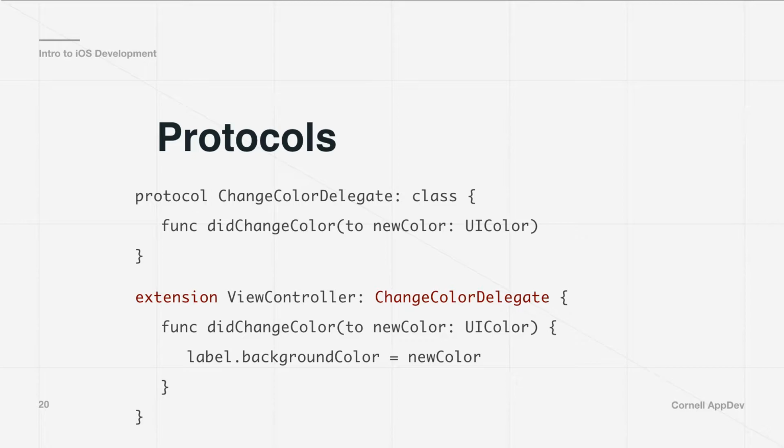Here we have a change color delegate, which just changes a certain label's background color. There could be five different view controllers that conform to it, and every single one of those, if appointed as the delegate, could be called, and this code would run on their end.